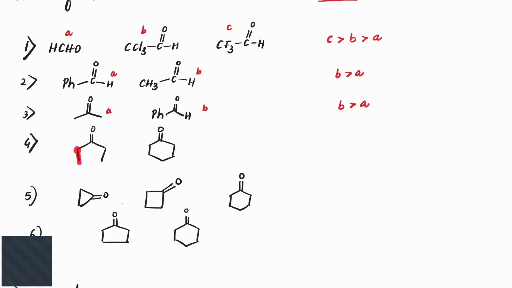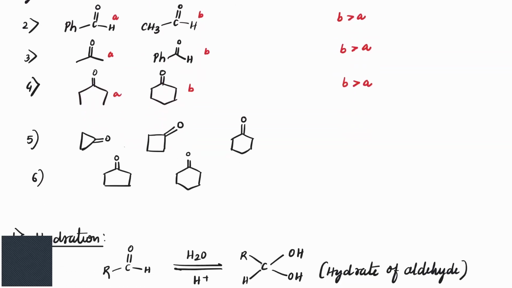Now, comparatively, if you have an open chain ketone or a closed chain ketone, in that case, between A and B, the closed chain ketone will always have more reactivity than the open chain ketone. And then lastly, in case you have ABC here, where we have a three-membered ring versus a four-membered ring and a five-membered ring.